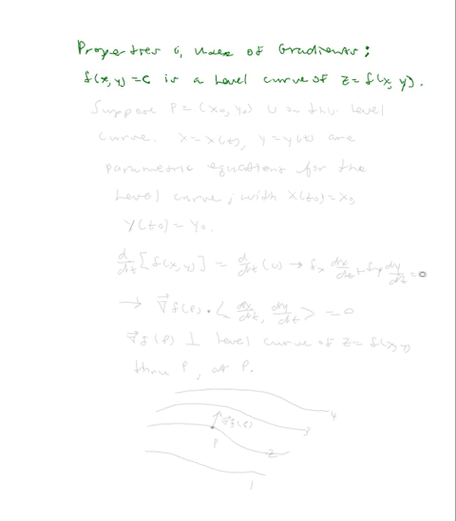Now suppose that P is a point on the level curve. This is that P we were talking about earlier with coordinates x0 and y0.